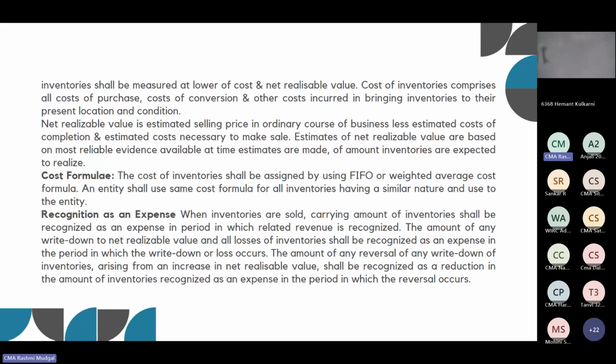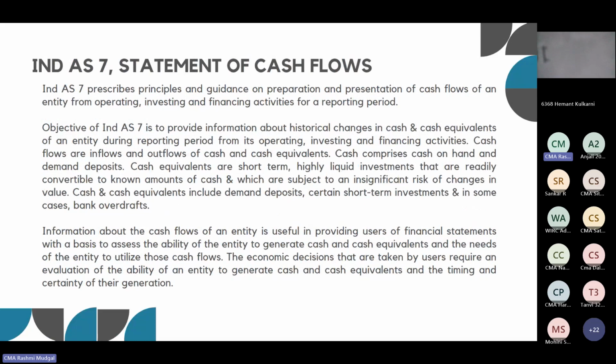Okay, next I come to Ind AS 7, the statement of cash flows. So what is the objective of the cash flow statement? We actually want to know: am I getting a profit? Am I getting cash, and from where?